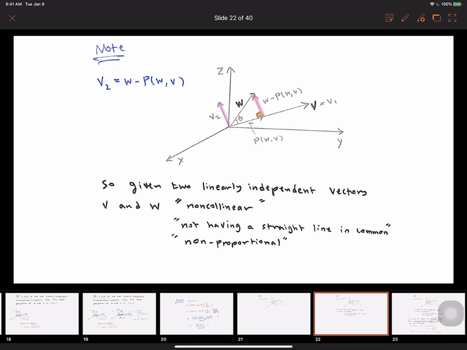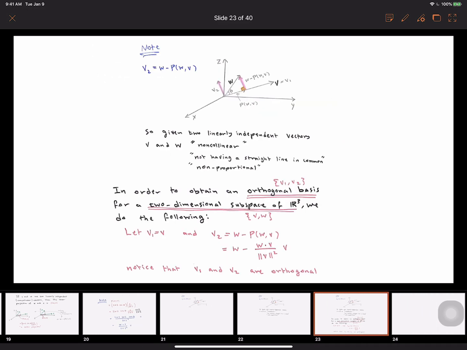So let me read it. Given two linearly independent vectors, v and w, non-collinear, not on the same line, having an angle in between, non-proportional, and so on. In order to obtain an orthogonal set or basis v1 and v2, which we just did, for a two-dimensional subspace of R^3, we are in R^3, we do the following.